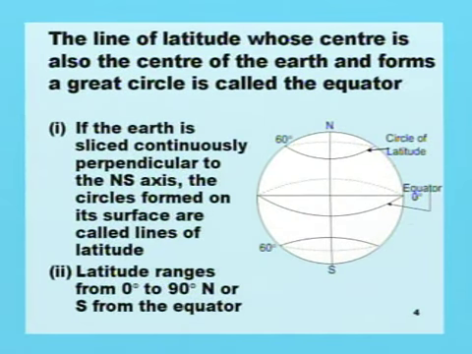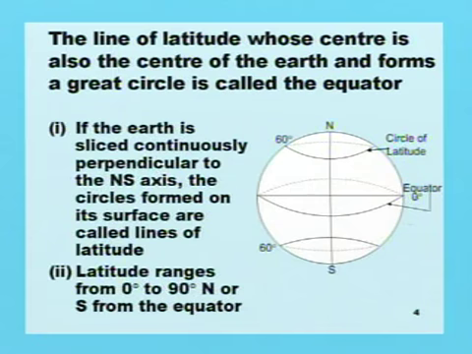The line of latitude, whose center is also the center of the Earth and forms a great circle, is called the equator. Now notice the equator is a circle. The center of the equator is the center of the Earth, and it is labeled 0 degrees latitude.